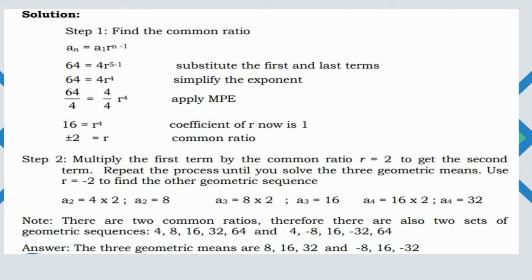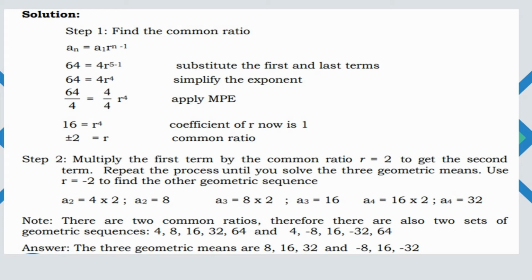Let's have the last term, which is 64, equals the first term, that is 4, times the common ratio that we don't know, so we're going to use R, raised to the number of terms, that is 5 minus 1. So we need to substitute the first term, the last term, and the number of terms. And then we're going to simplify the exponent.